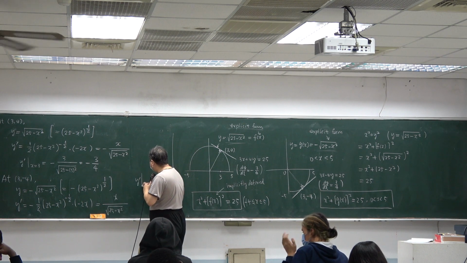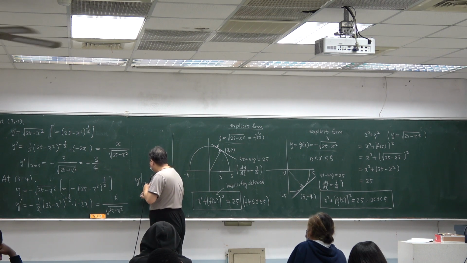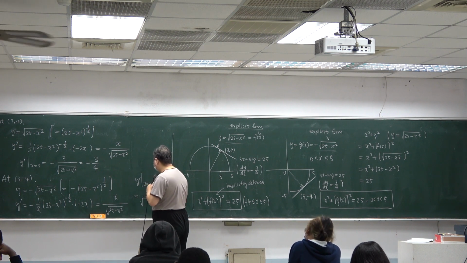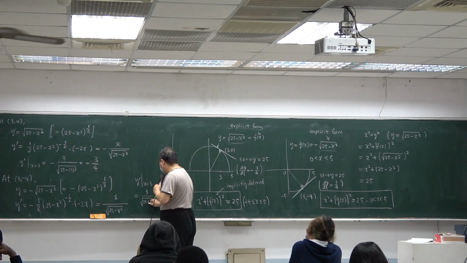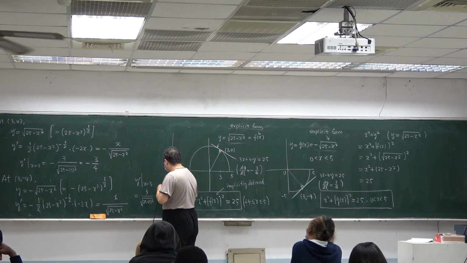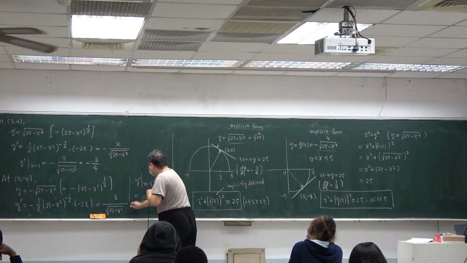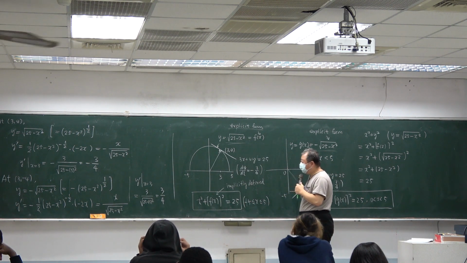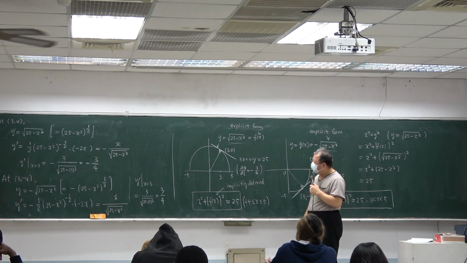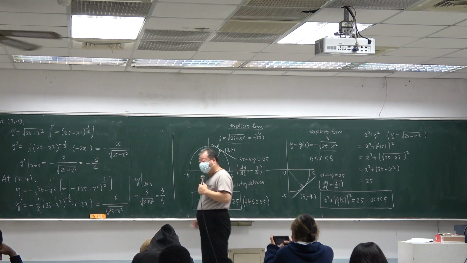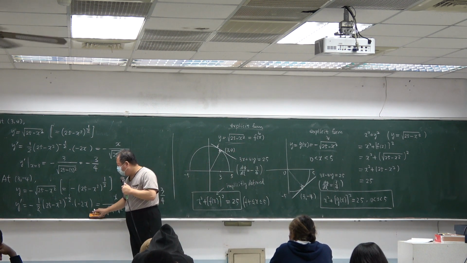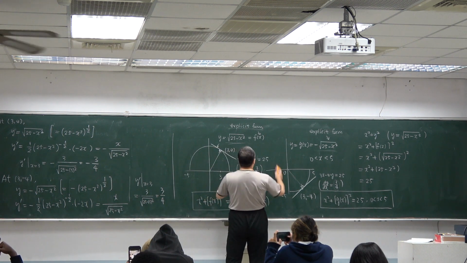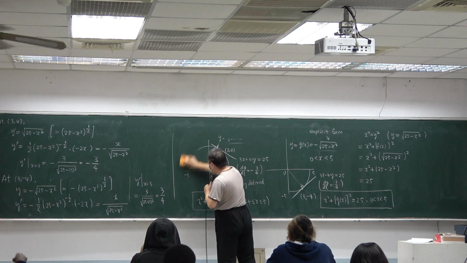Therefore, y prime at x equals 3 this time equals 3 over 4, see, exactly 3/4. Okay. Now is the show time to use implicit differentiation.